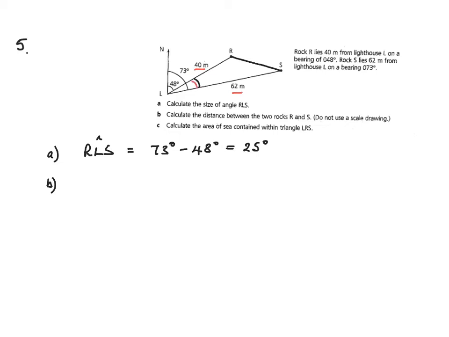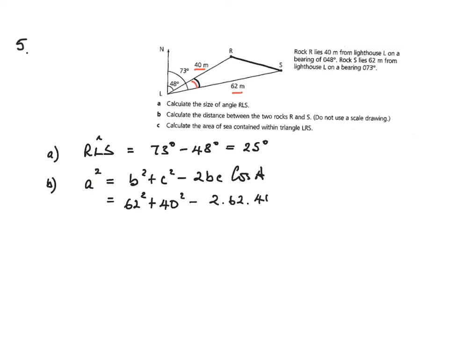So that's cosine rule. a squared equals b squared plus c squared minus 2bc cos A. So 62 squared plus 40 squared minus 2 times 62 times 40 times the cos of 25 degrees, which is the angle we found in the first part of the question.